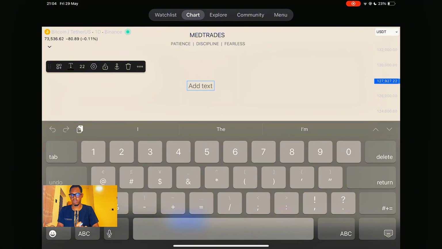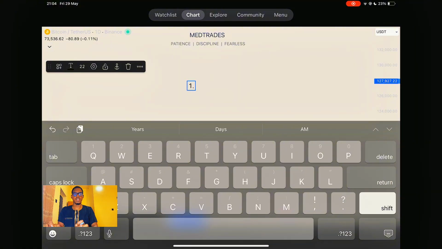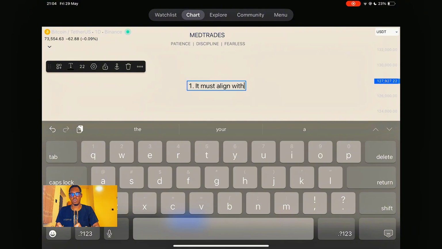Step number 1: the daily time frame key level must align with the 4 hours time frame.